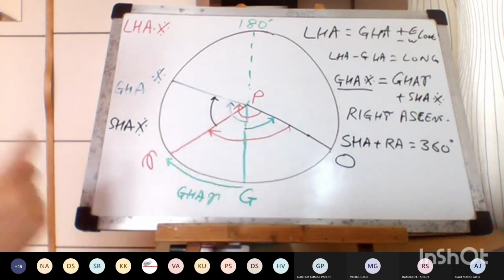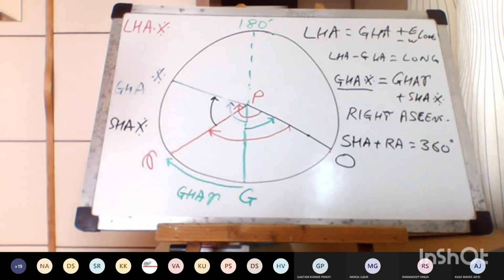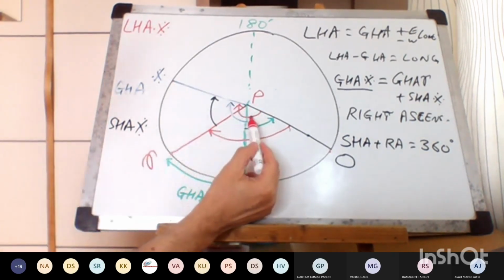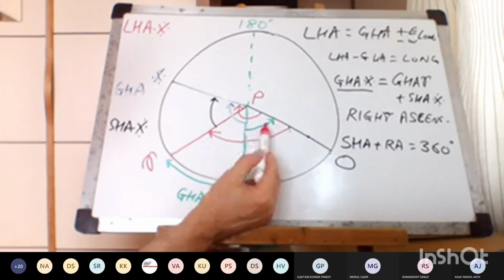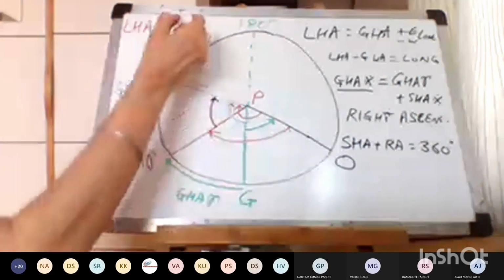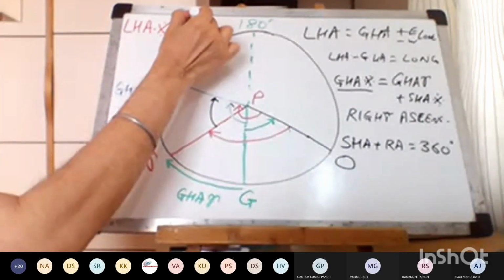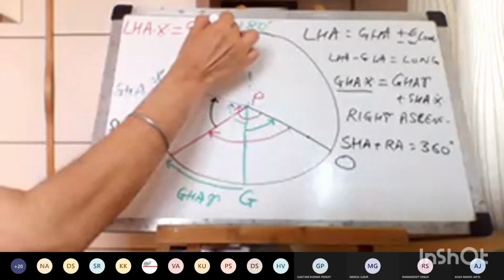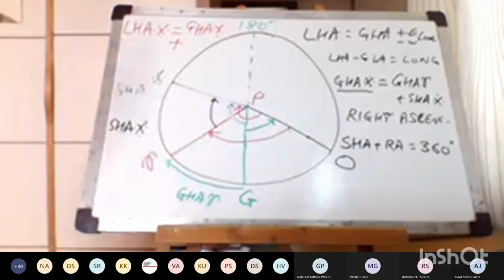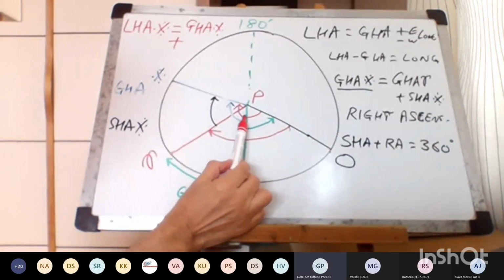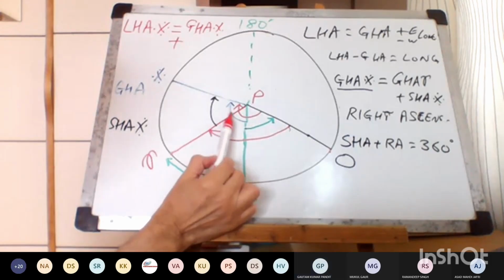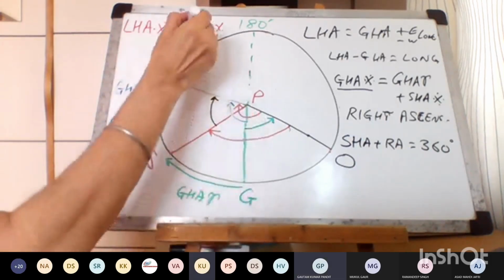LHA star is equal to GHA star plus, anyone? Longitude. As LHA star, this red angle is equal to GHA star plus east longitude.